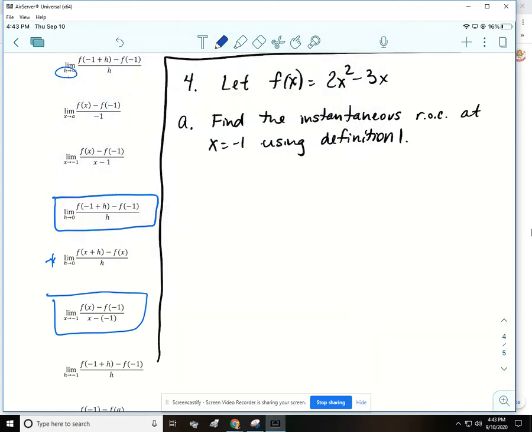Okay. So definition 1 is the one that has the limit as h approaches 0 of f of a plus h minus f of a over h, where a is whatever number we're wanting to find the instantaneous rate of change at, which is -1. So that's f of -1 plus h minus f of -1 over h.